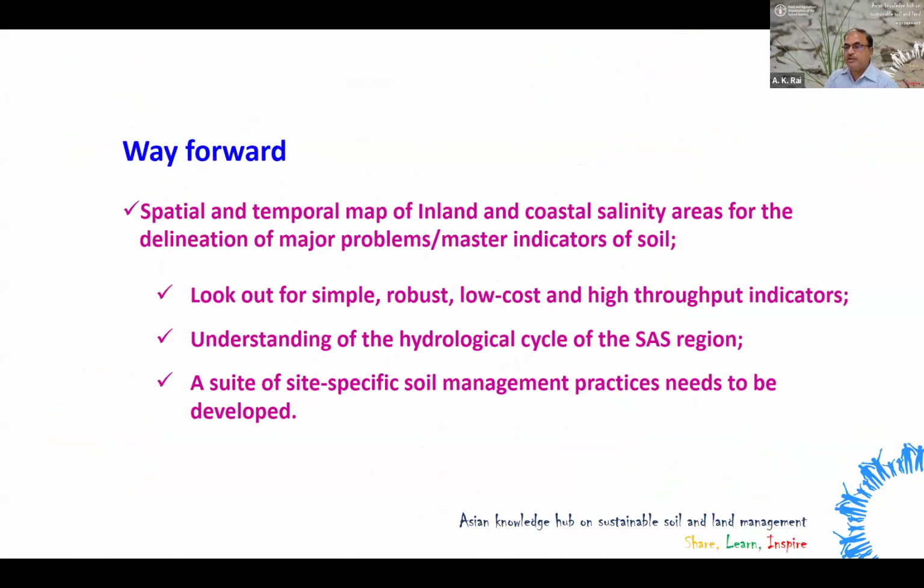We need to have an updated database for the inland as well as the coastal salinity affected areas, and a master indicator or soil quality index should be there, so that using that index we can link it with the production aspect or the production goals, and accordingly we can find out and prioritize the area where with the minimum investment we can get maximum gain. So this is the idea behind this.